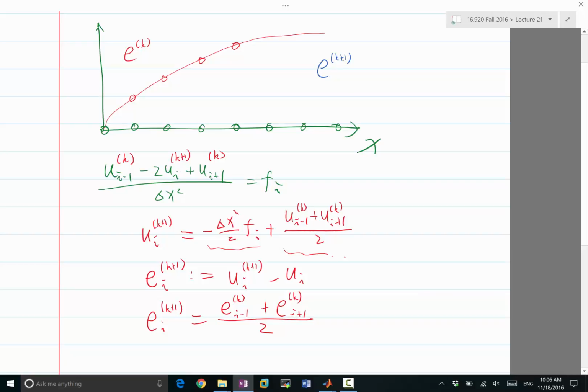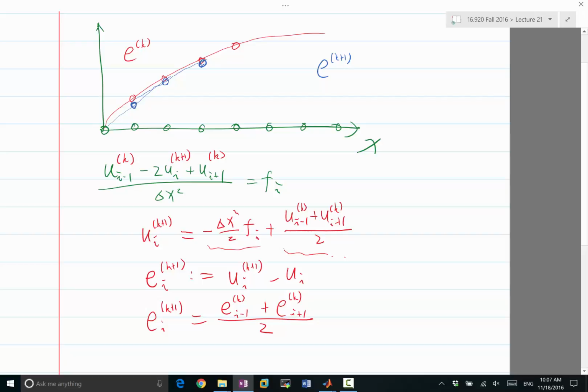My solution error is going to decay very slowly because my E K plus 1 on this grid point would be the average of these two. So I would be drawing a straight line and my E K plus 1 would be here. So see how slow it decays. To figure out what is the blue line at this point, I would be drawing a straight line between the neighboring grid points. E K plus 1 would be here, right? I would be drawing a straight line and the E K plus 1 would be here.